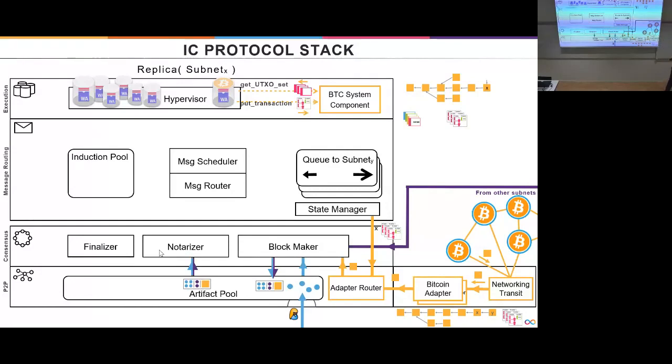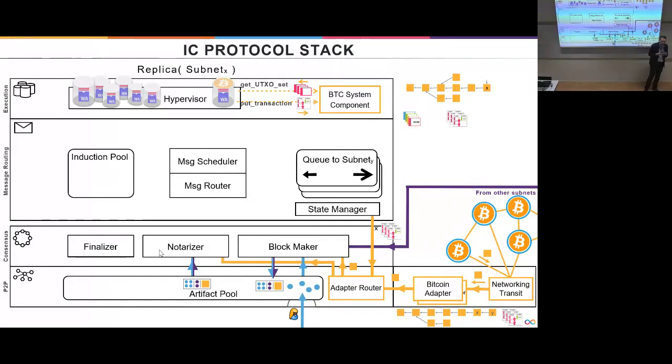Now the next step is very similar to how it used to be before. There's only one difference. So this Bitcoin block needs to be also validated in order to prevent dishonest IC nodes from spamming the BTC system component with maliciously crafted Bitcoin blocks. We do this by requesting a check of this block by the adapter router, and what we do is very simple.